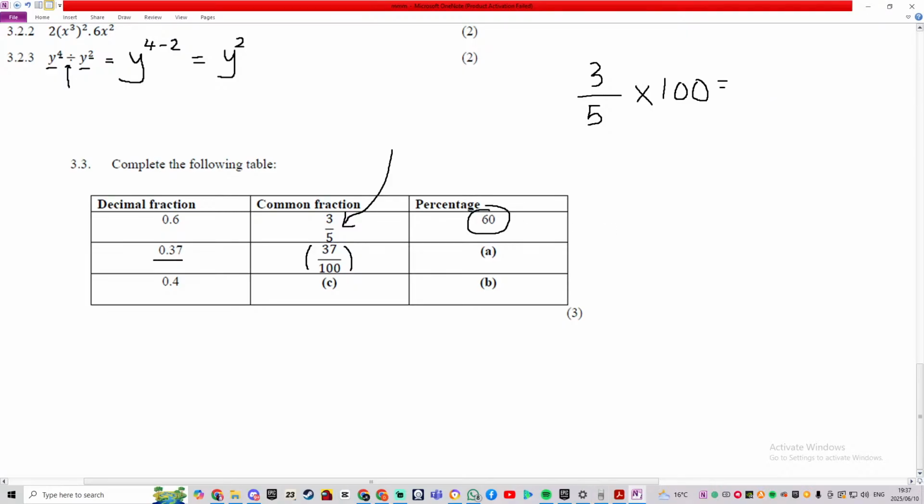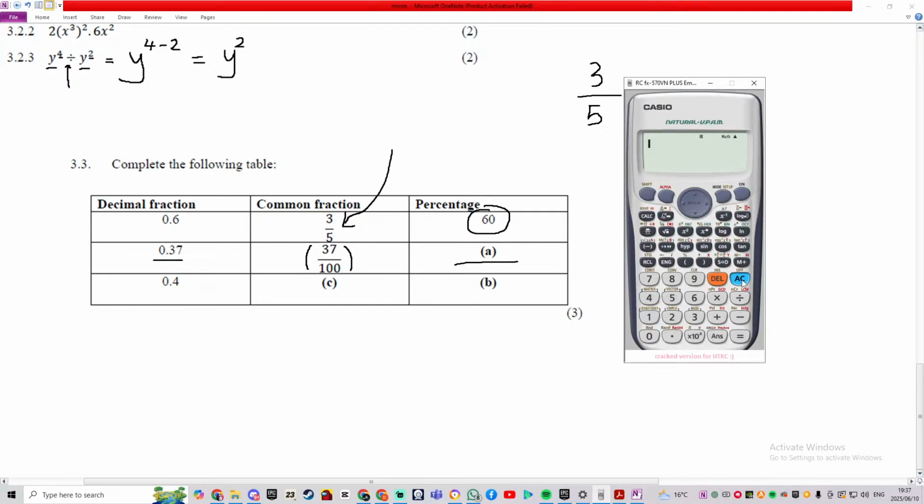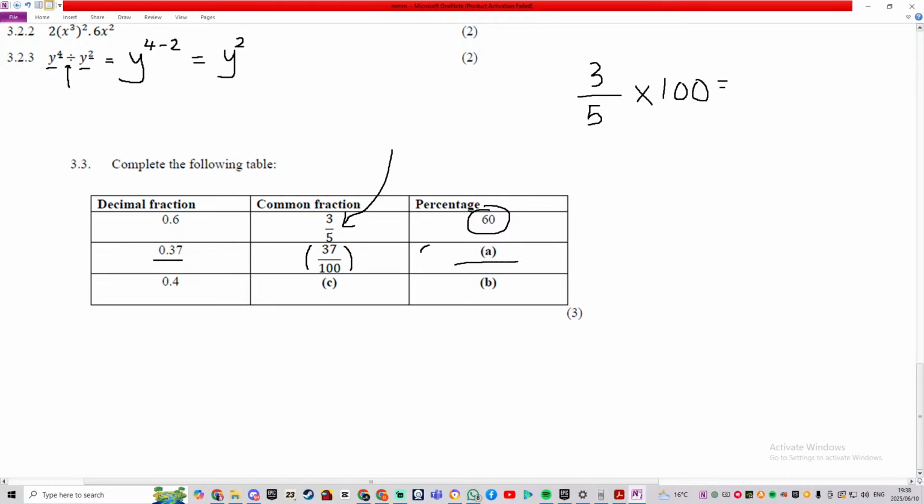That is why that is 60 over there. So to convert 37 over 100 to a percentage, all I'm going to do is 37 over 100 multiplied by 100, that is 37. Do we see that?